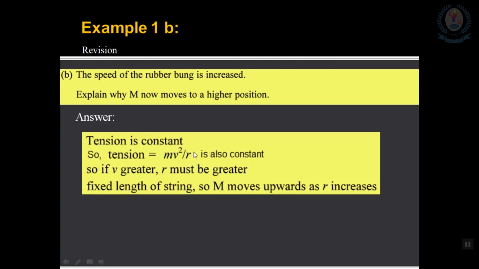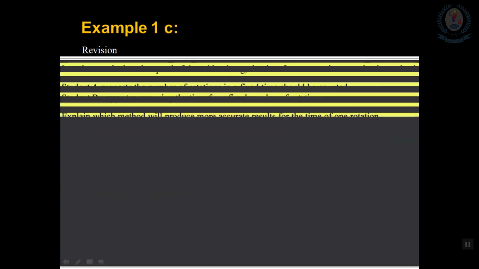That is by increasing r. So if v is greater, r must also be greater. But the length of the string is constant. It can't change. It can't stretch. So the only thing that can happen is M goes up, r goes towards the right. The circle becomes bigger. That is the idea.